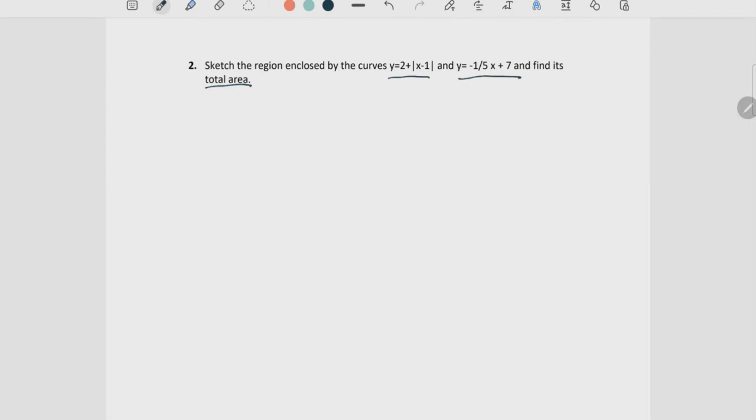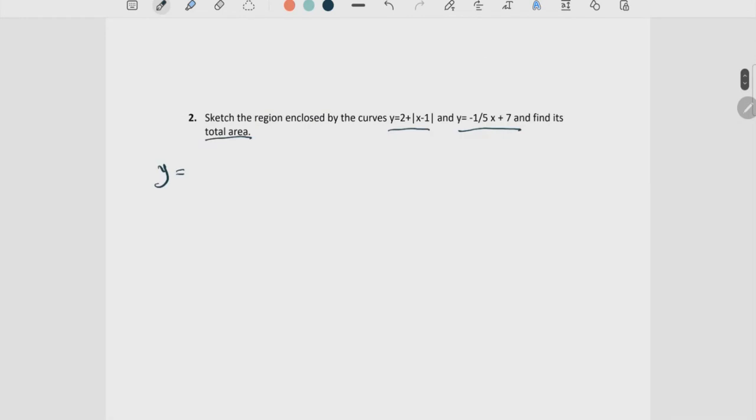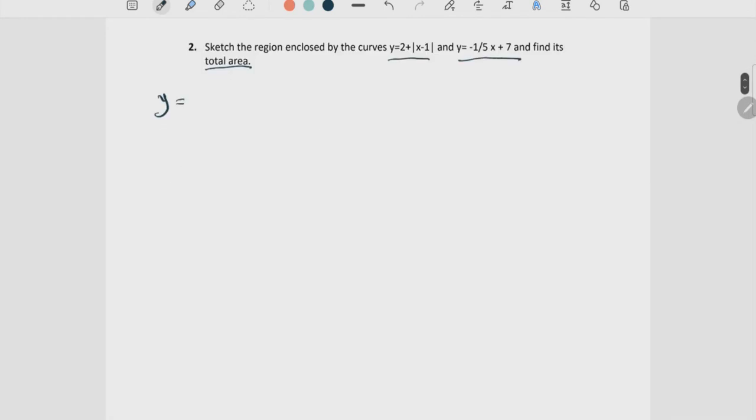First, we'll try to evaluate the first curve here in a piecewise form, because you know that's a function with an absolute value, so you need to define it piecewise. So you need to look at the case where x is greater than or equal to 1, and the case where x is less than 1.